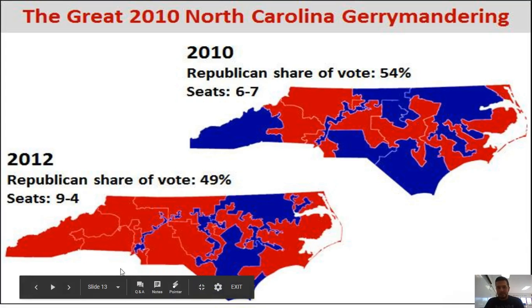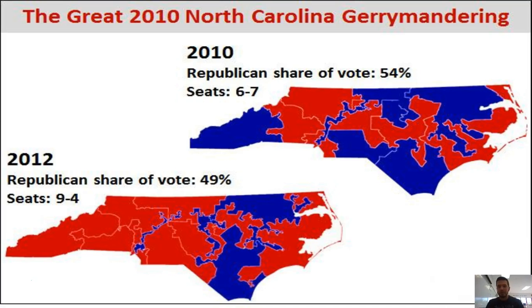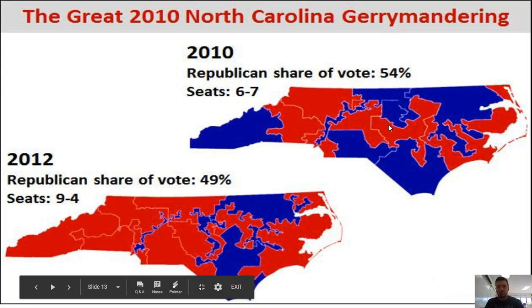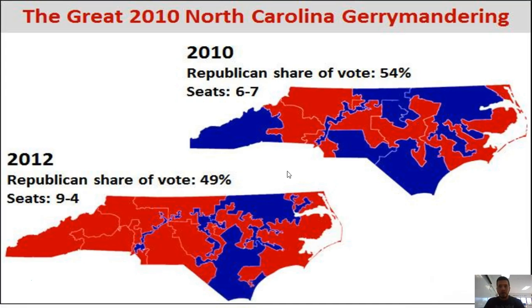If they can't maximize Republicans in a district, they concentrate the Democrats. In this section here, the Democrats are definitely going to win because of the high concentration, but beforehand, when it was more fairly drawn, the Democrats had more of a chance of winning these sections.